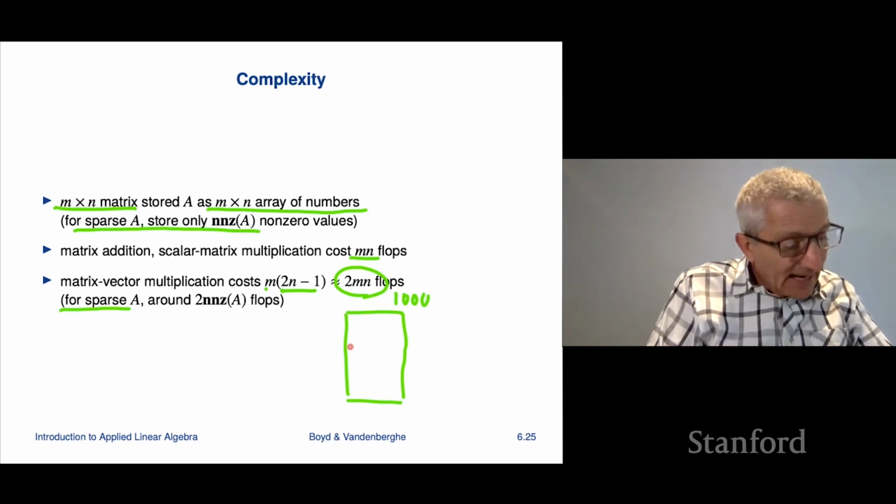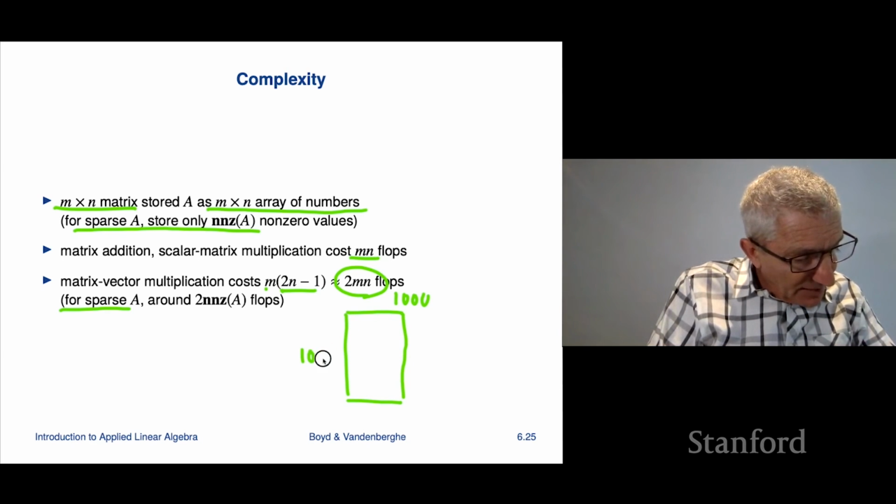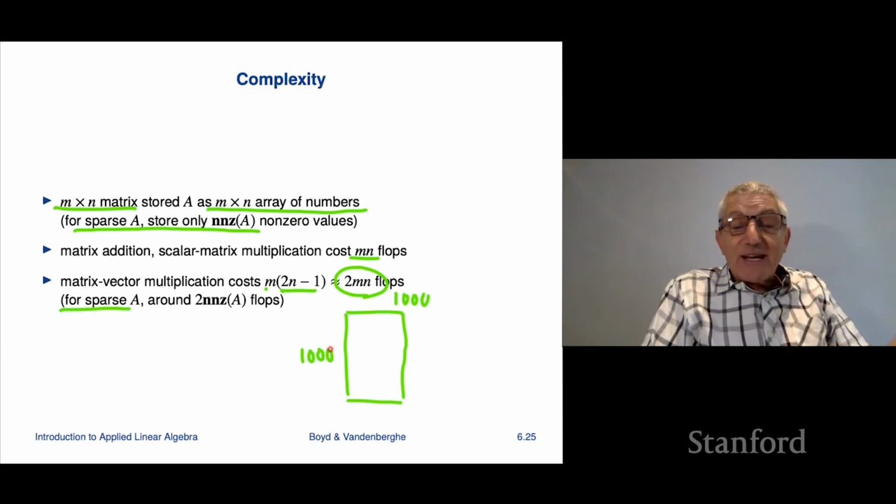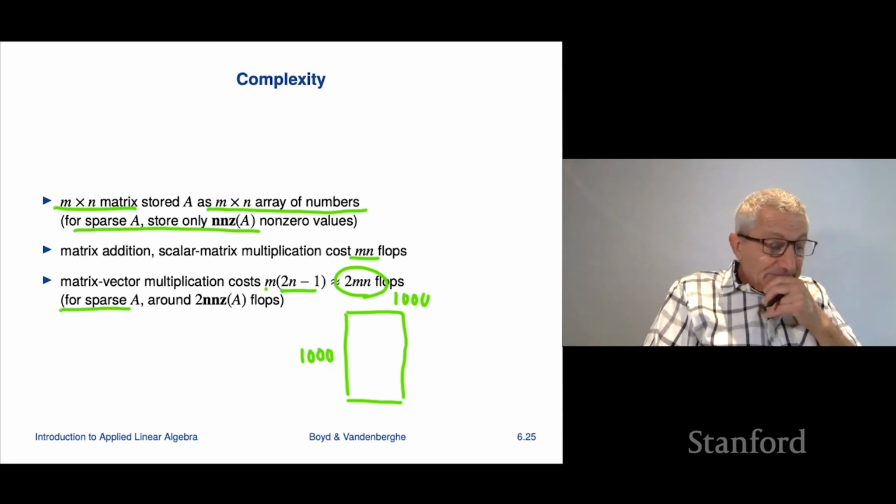I'll make it square. I'm going to give you about 1,000 trading days. That's about 4 years, because there are about 250 trading days in a year, so it's 1,000 by 1,000.